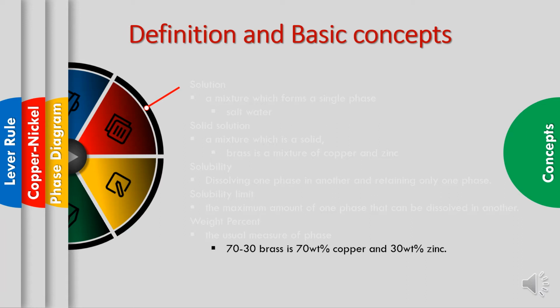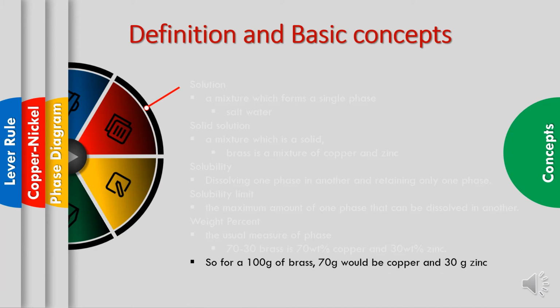For the copper we have 70, and for the zinc we have 30 weight percent. And if we go for gram or kilogram, let's say we have 100 gram of brass, it means that we have 70 gram of copper and 30 gram of zinc.